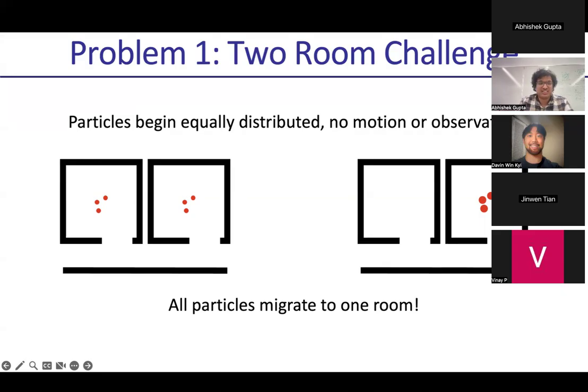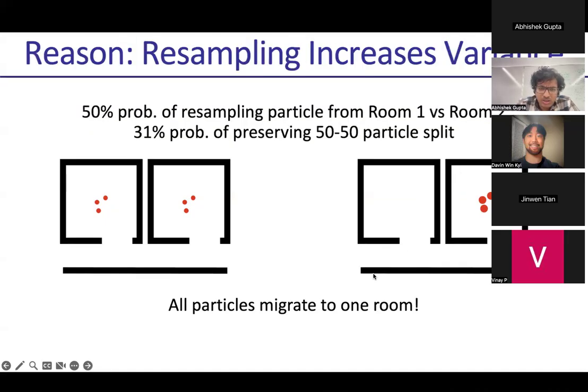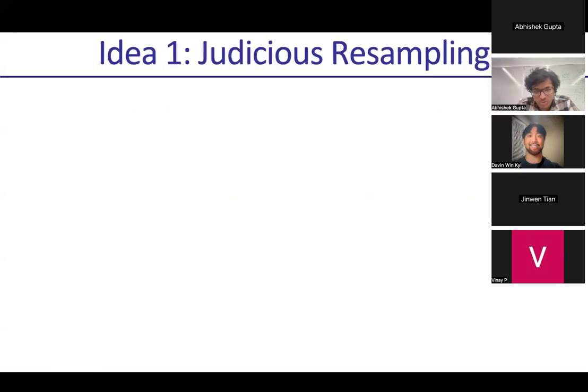There's no motion, there's no observation change. The weights are all equal. Why is my distribution changing? It seems like suboptimal behavior for a system. So basically, this can be boiled down to the issue of variance.